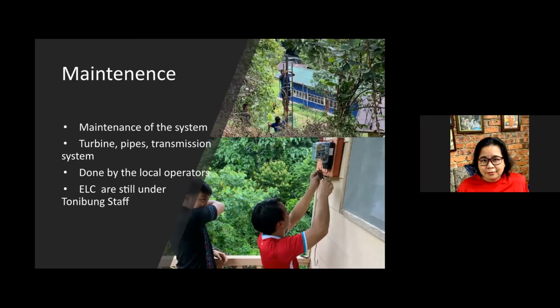In the maintenance, we will maintain the system, especially the turbine, pipes, and transmission, but all is done by the local operator, which is the operator that we have trained. But the ELC will still be under Tony Bong's staff. Once a month we will go down to the village and check everything to make sure the system is on track.